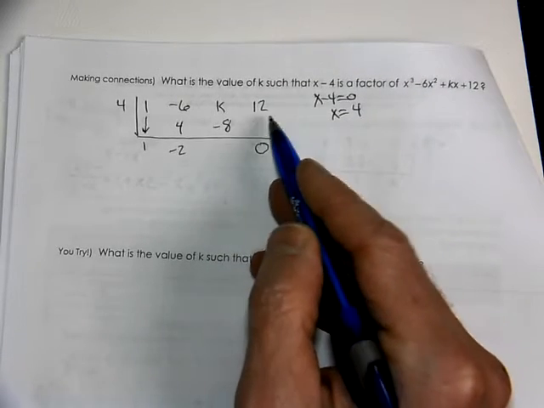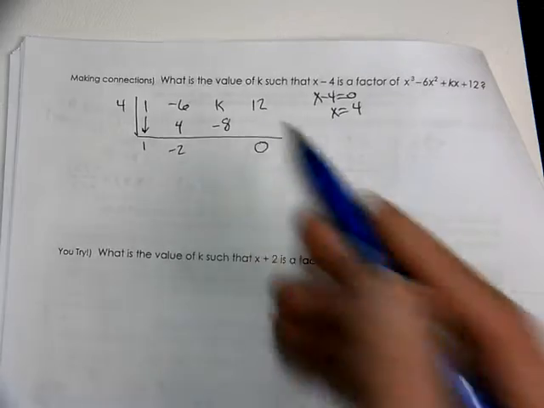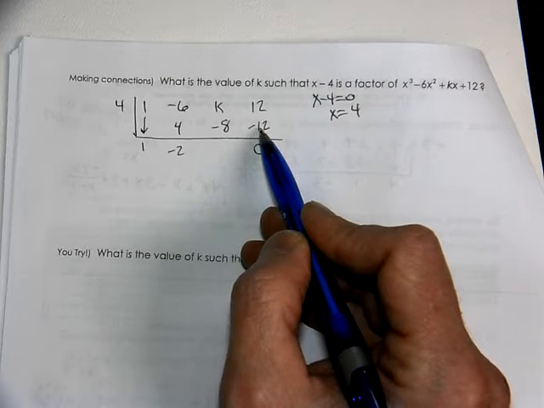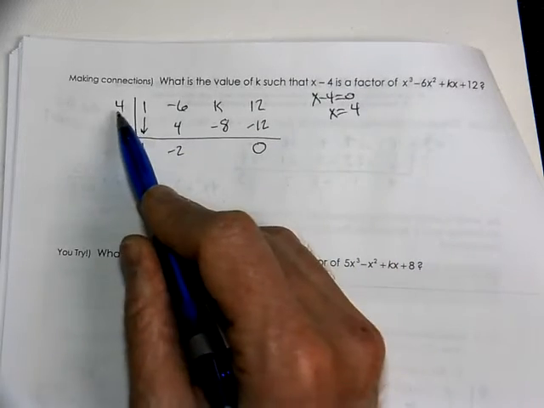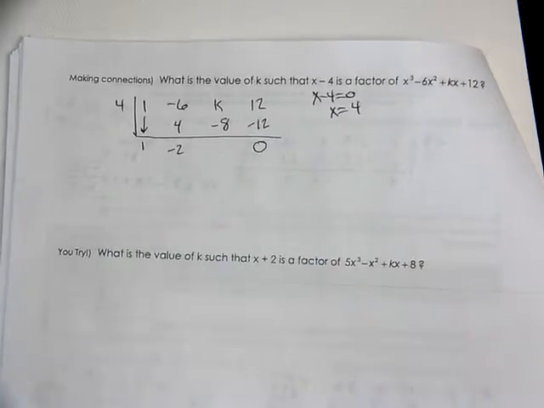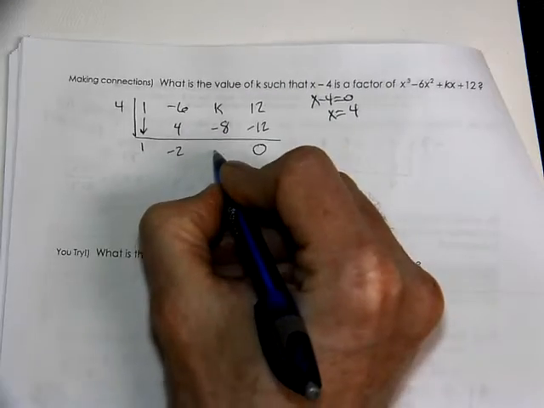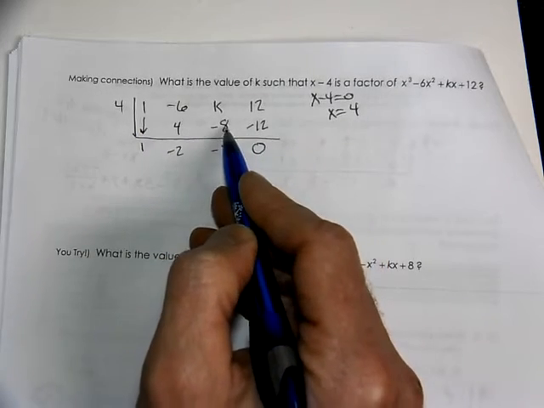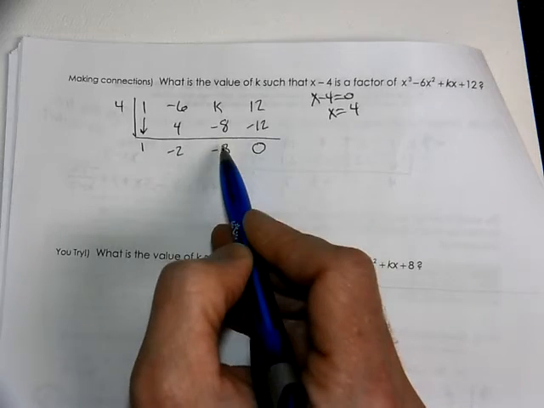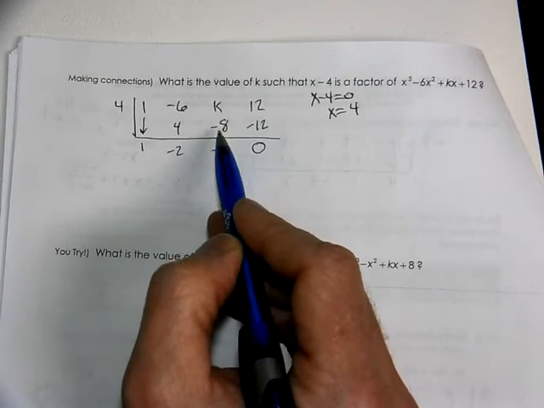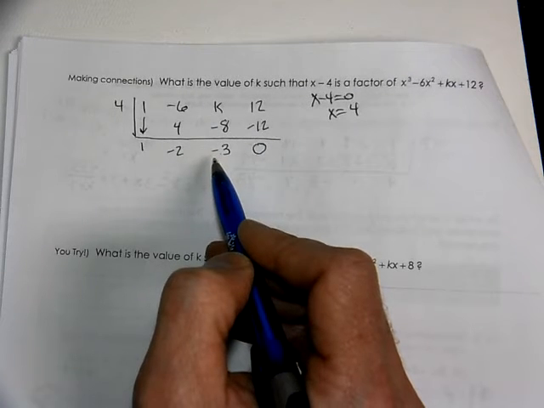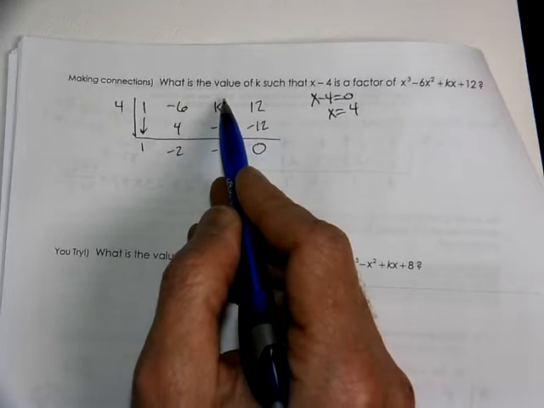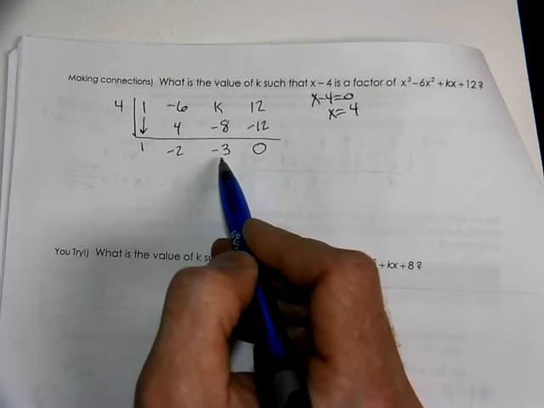And if this is a 0, what number must be under the 12? It clearly has to be a negative 12. For this to be a negative 12, what number does 4 times what make negative 12? Negative 3. That multiplies to give you negative 12. So now you've figured out the number down here. Now you can figure out what number minus 8 gives you negative 3.